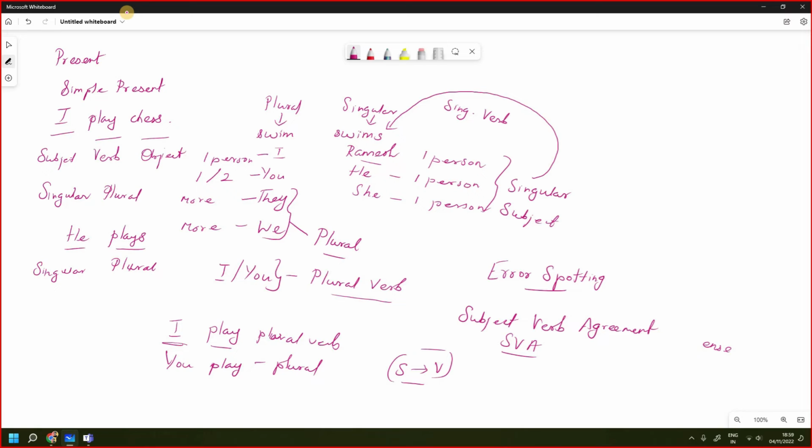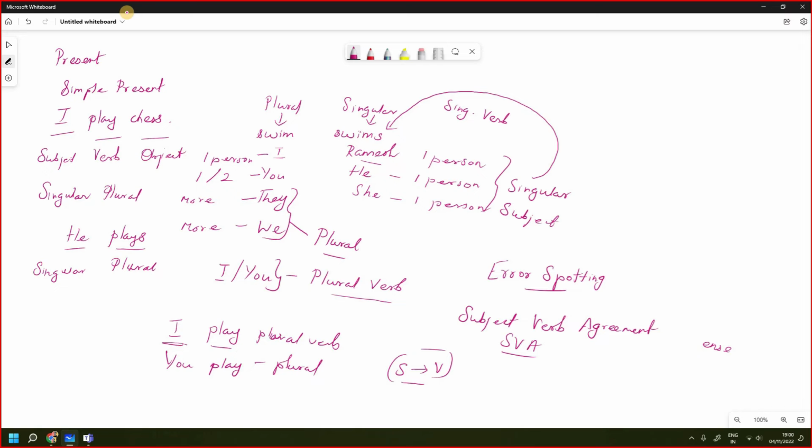So what they will do is they will give you a sentence, and in that sentence they will use a subject and insert a wrong verb, or they will use a verb and insert a wrong subject. So you need to identify whether the subject and verb are correctly used. The rule is this: a singular subject will always take a singular verb, a plural subject will always take a plural verb.